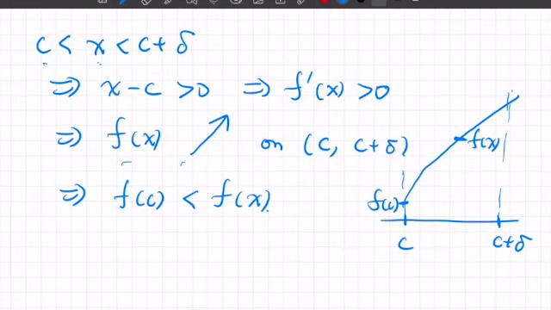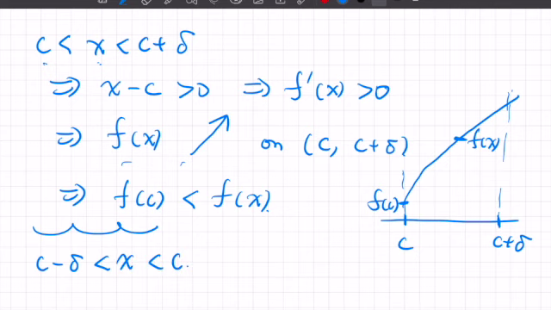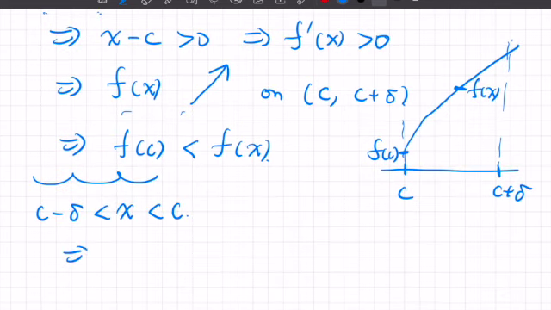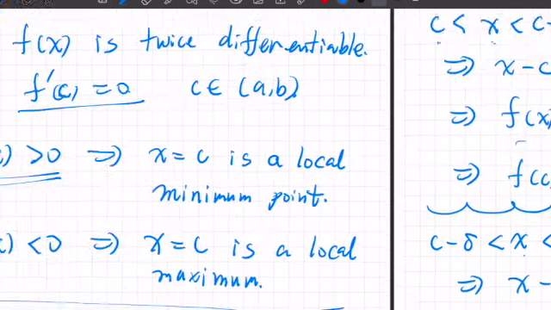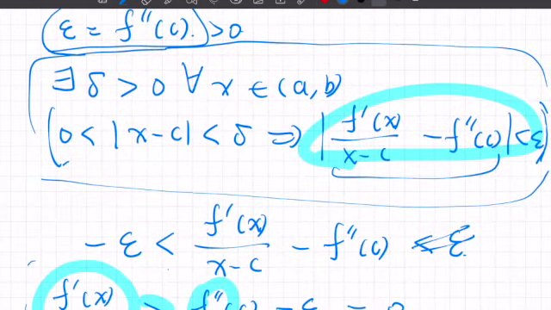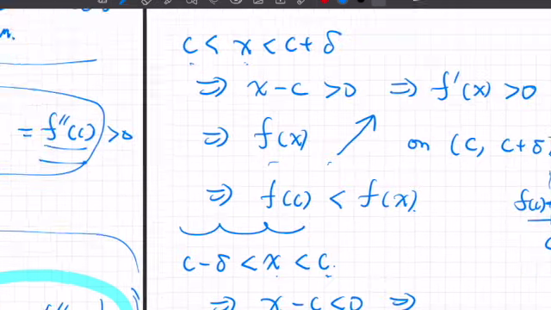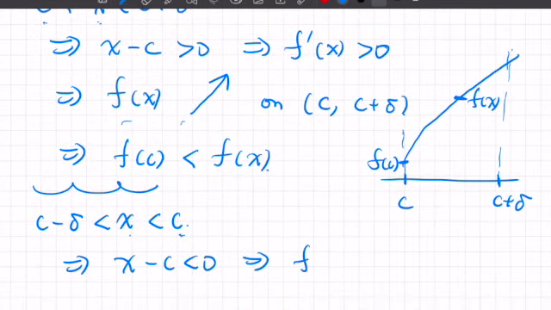Okay, and the second scenario, consider when x is between c minus delta and c. Okay, this implies x minus c is negative, right? Because c is greater than x. And this implies from this inequality, f prime of x is also negative because the ratio must be positive.